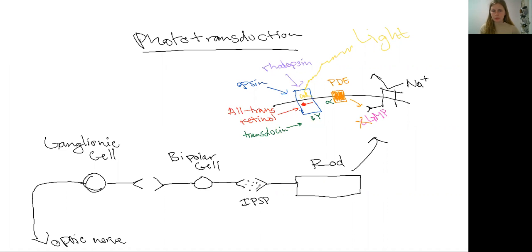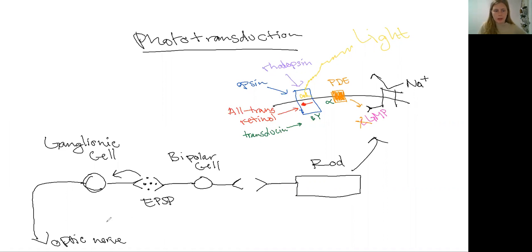So as a result, no IPSP will be sent. So there's no IPSP now. Oh, well, I've lost half of our bipolar cell. There we go. Okay, so now the bipolar cell by default releases an EPSP onto the ganglionic cell like that.